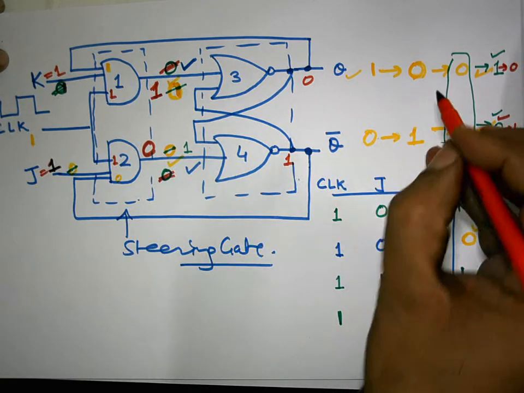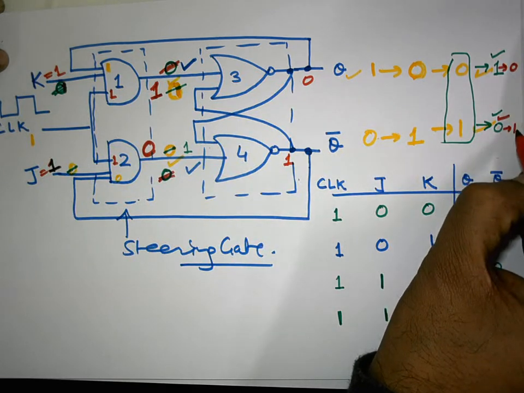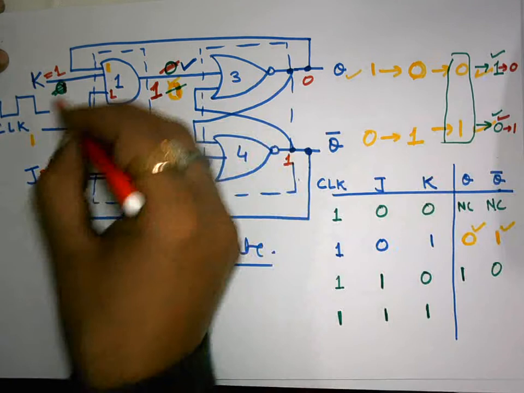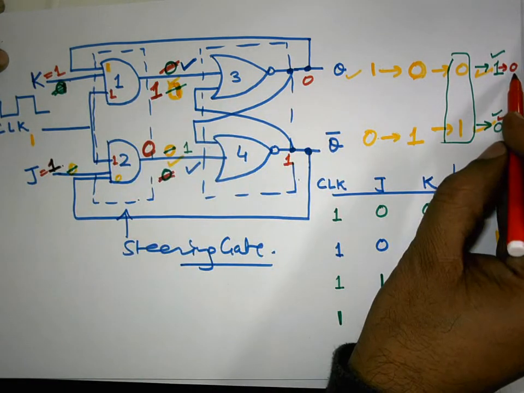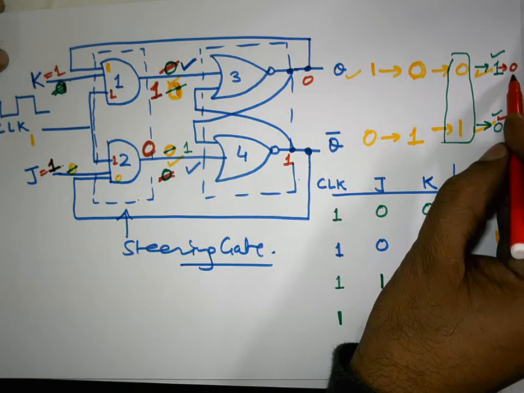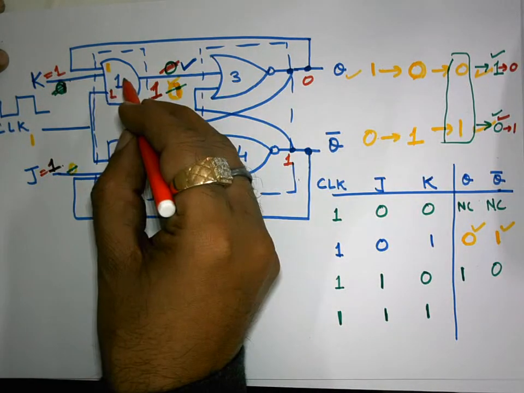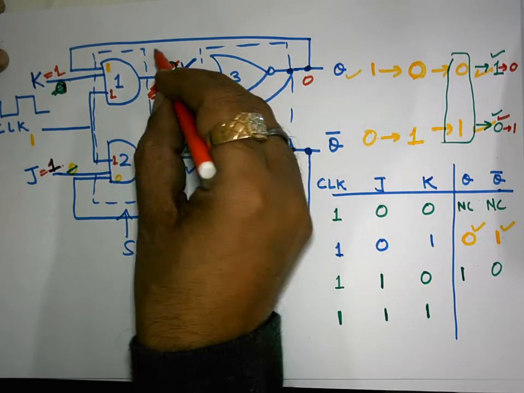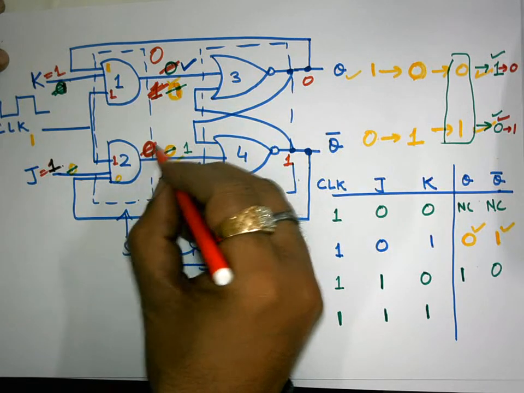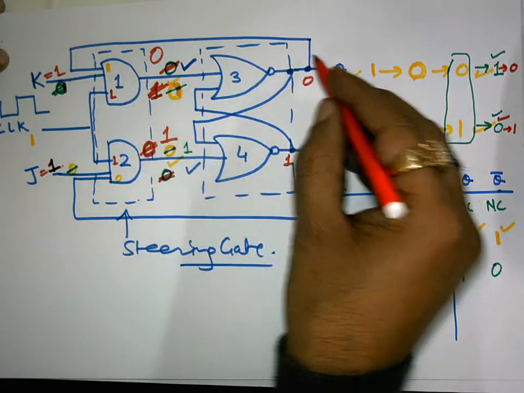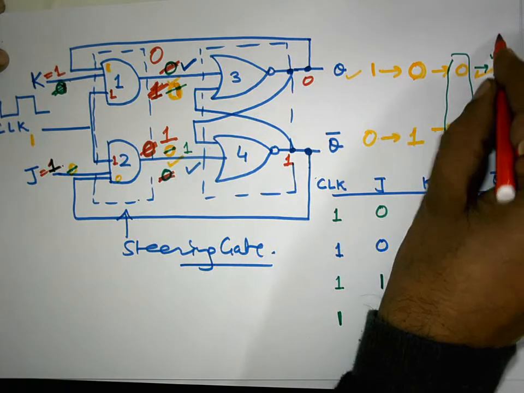Suppose this output was not 1 0, but it was 0 1, and J was 1, K was 1, and clock was 1. So when our present state was 0 1 and this was the applied input, what will happen? This 0 is going to make it 0, and this 1 is going to make it 1, and this 0 is going to make this 1.